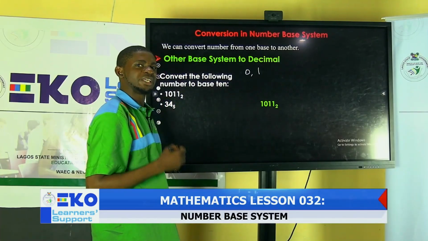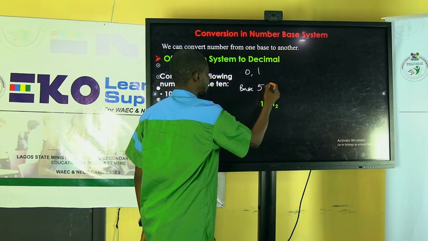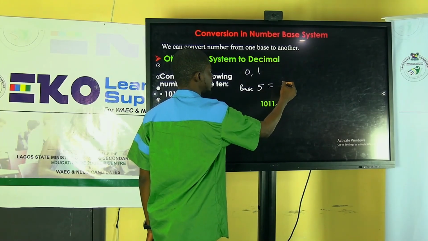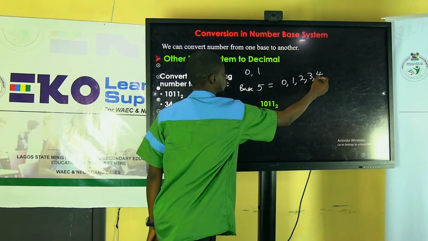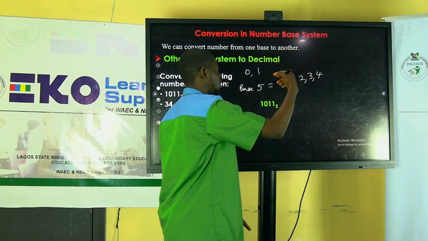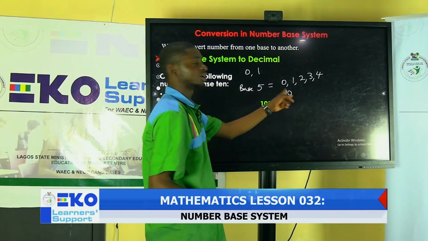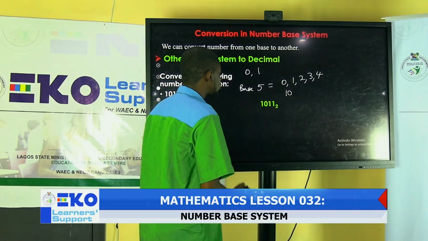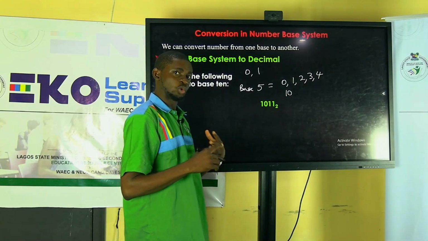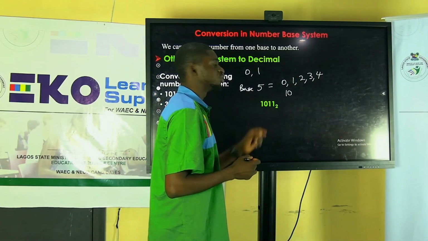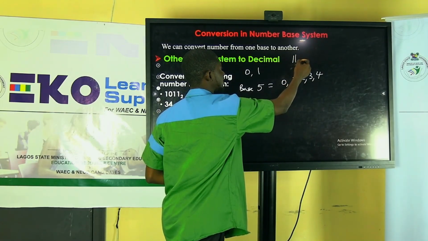If we are dealing with base 5, you get to have 0, 1, 2, 3, 4. So instead of writing 5, you turn it to 1, 0. So 1, 0 is your 5. If you convert 6 from base 10 to base 5, it becomes 1, 1 in base 5.